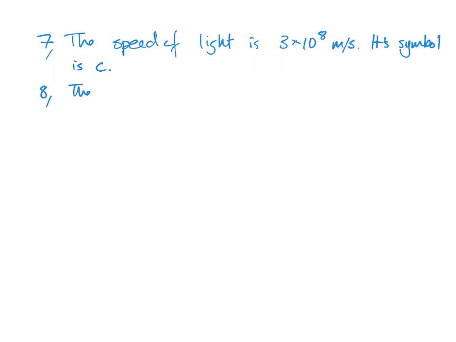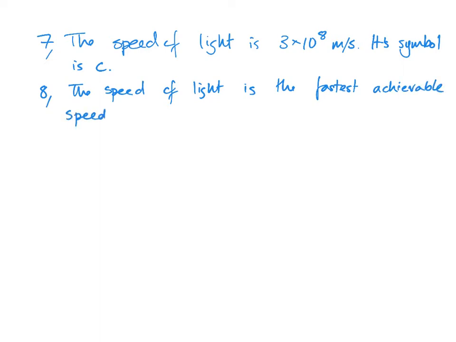Part of the reason it's so important is nothing else can go as fast as light. It's the fastest achievable speed in the universe. If we go into it in a bit more detail, nothing with mass can go as fast as light.